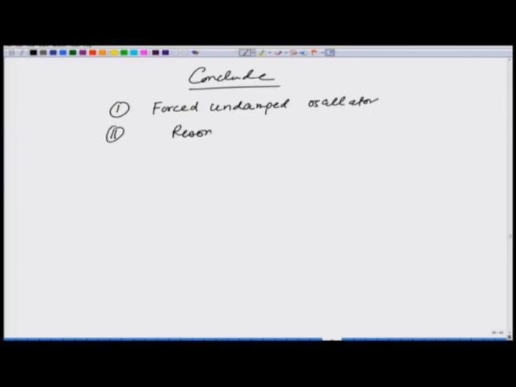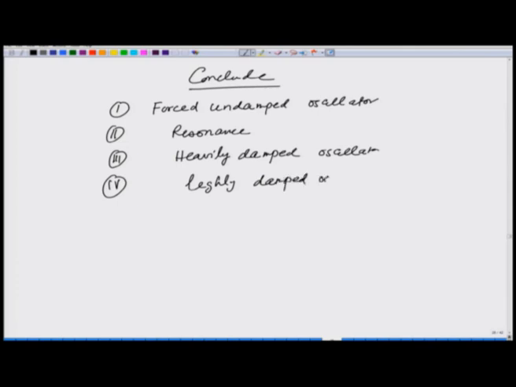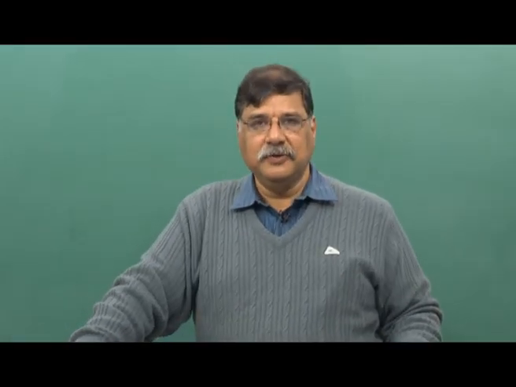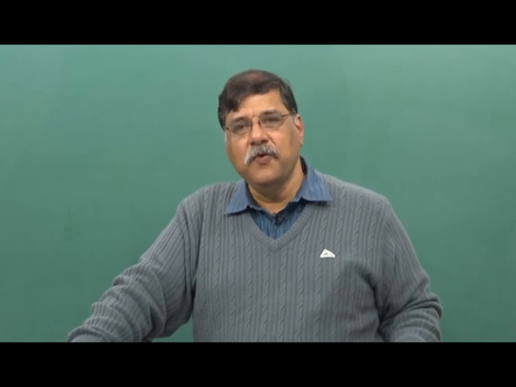We considered the phenomenon of resonance, and we considered the heavily damped oscillator, and we considered the lightly damped oscillator, and in between I forgot, a constant force on an oscillator, and here also we considered constant damping force on an oscillator, and we qualitatively understood how the oscillator behaves in all these cases. In the next lecture, we are going to consider the forced damped harmonic oscillator.